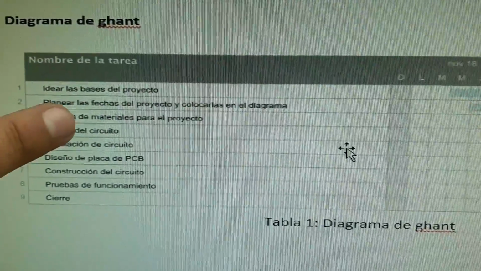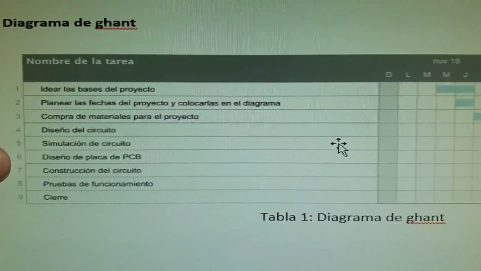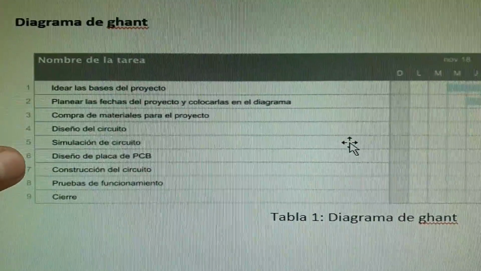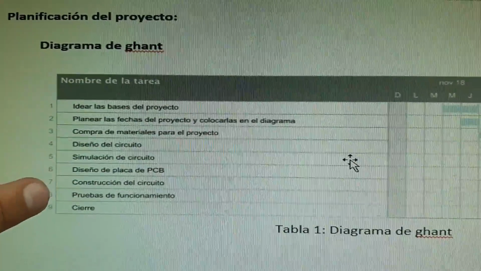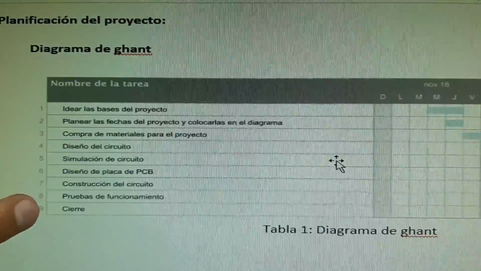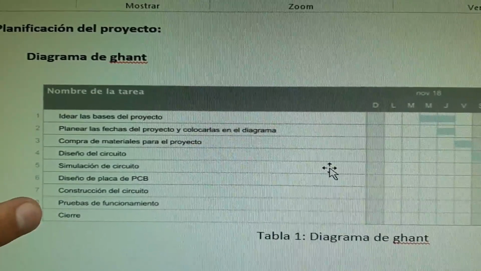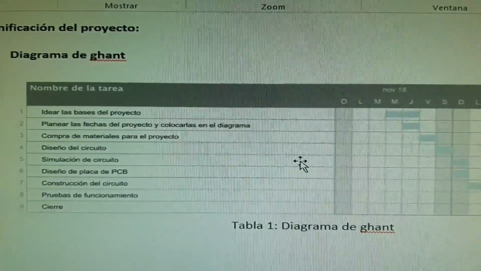Then the components for the project, design of the circuit, simulation of the circuit, design of the board of PCB, construction of the circuit, test of function working, and finally close the project.